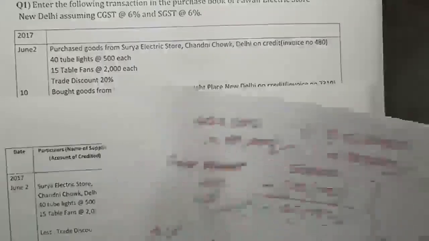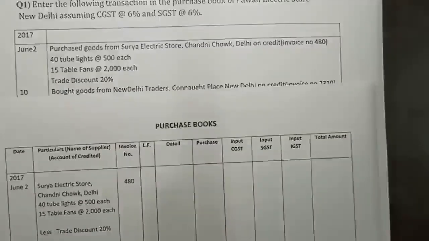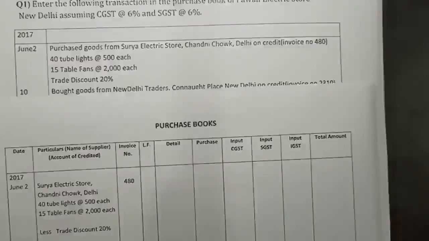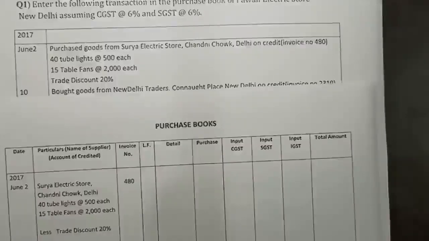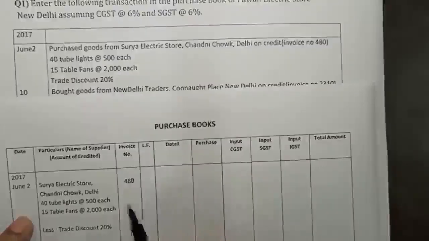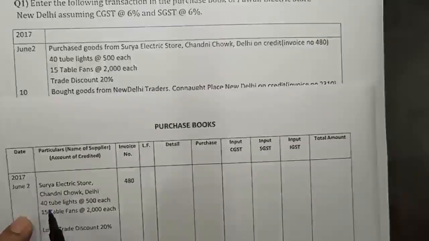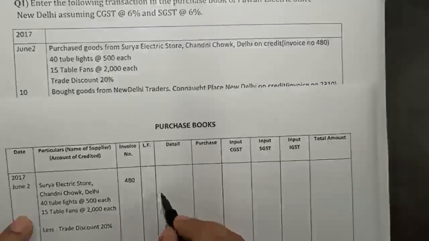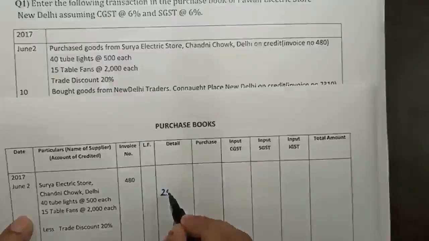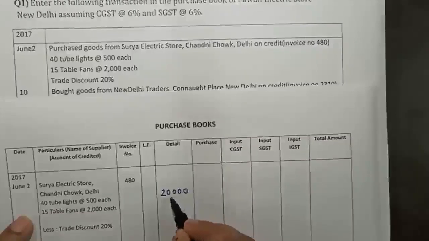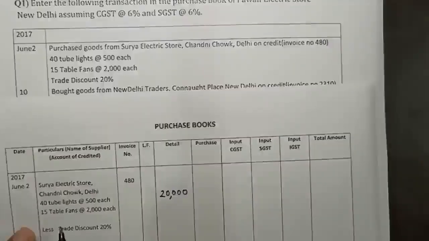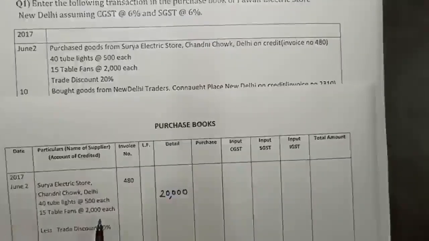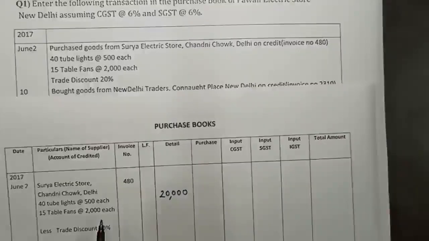we will get the total cost of tube lights, 20,000. So we are going to write the amount 20,000 here in the details column after multiplying 40 into 500. Now after that, 15 table fans at the rate of rupees 2,000 each.